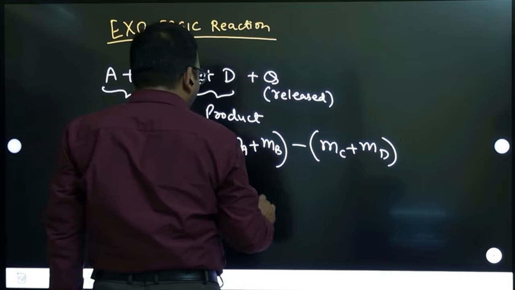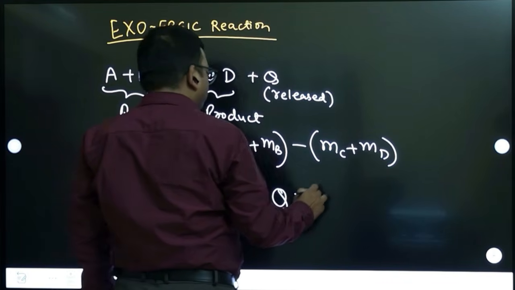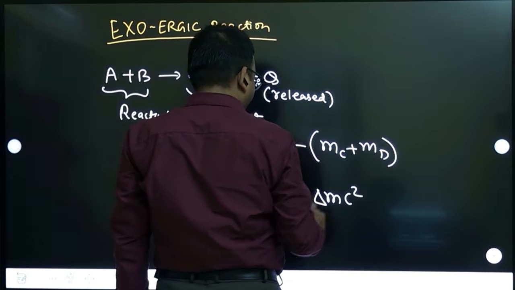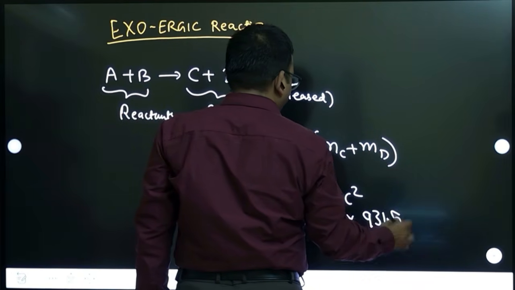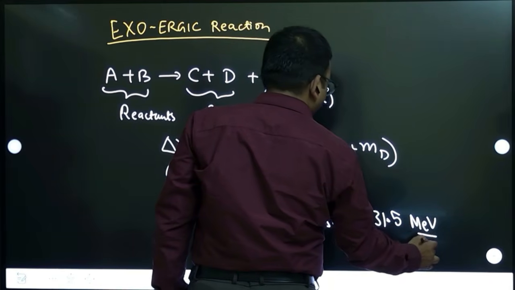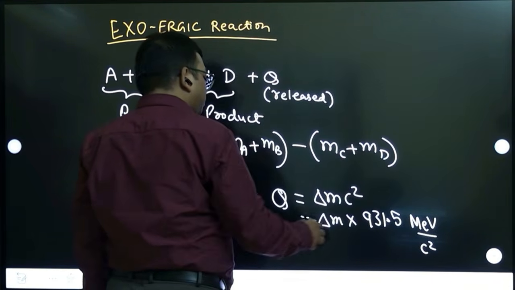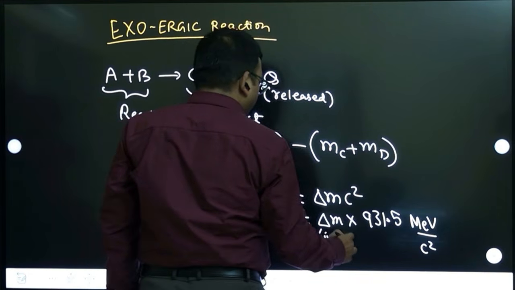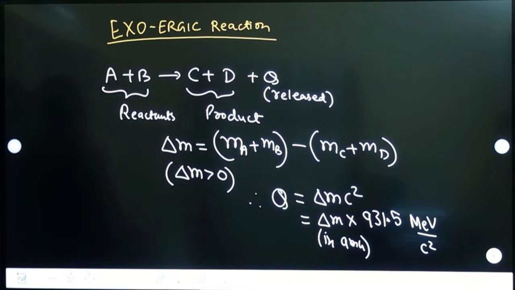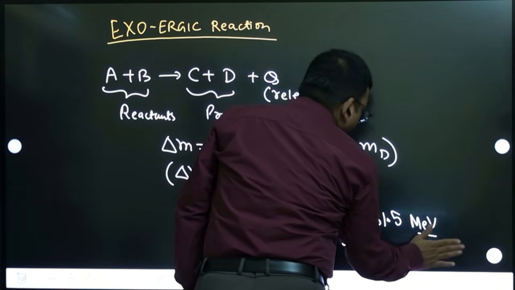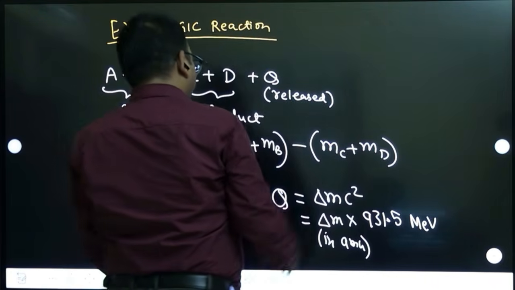So we can calculate Q value as delta m into c square, or delta m into 931.5 million electron volt, with delta m in atomic mass unit. I think c square we don't have to put, this will come in the million electron volt.